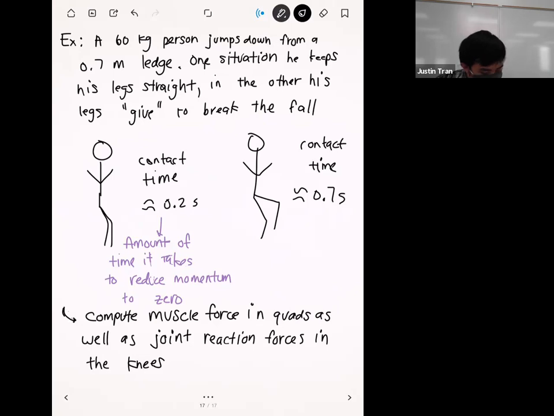Okay, so let's jump into the calculations for this. Just like the other linear dynamics problem with the hurdler, we're going to do this one in a few different stages.